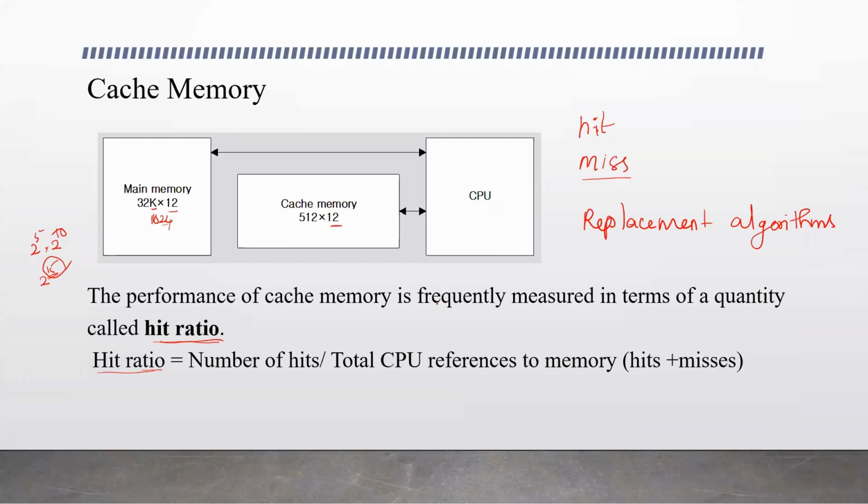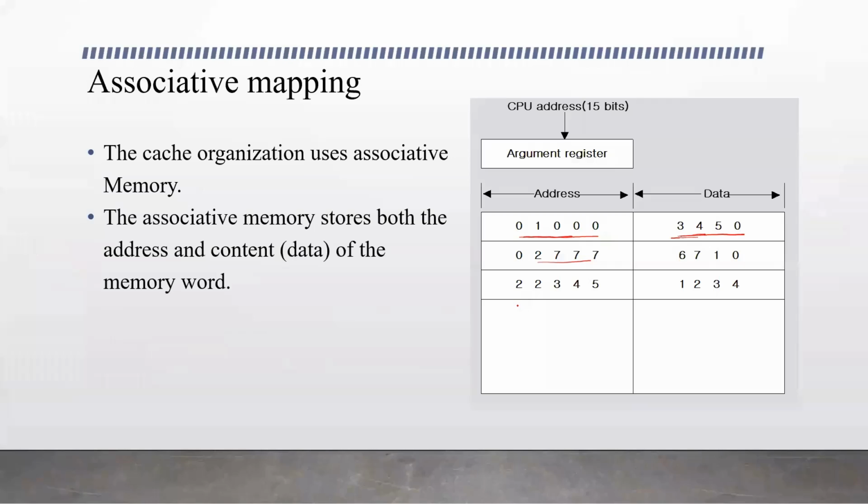We have seen that it is a 15-bit address. Here main memory is defined as a 32K word memory, so the number of address bits needed is 15 bits, and 12 bits for the data. This is the octal representation of the address.